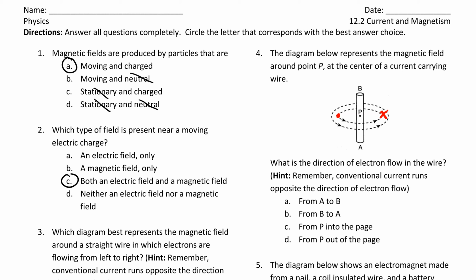Hopefully you said your thumb is pointing up. So this is the direction of conventional current, which means that electrons are flowing opposite that. So they're flowing down from B to A. I covered up where it said B. But from B to A, okay, that's the direction of electron flow.